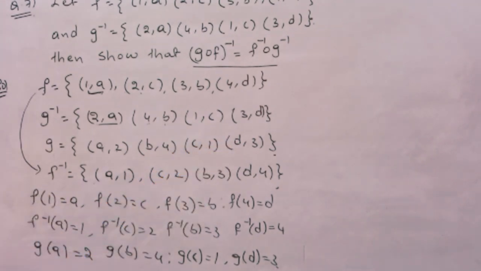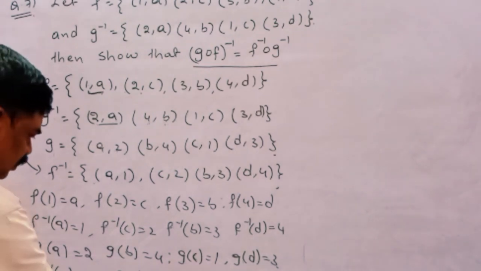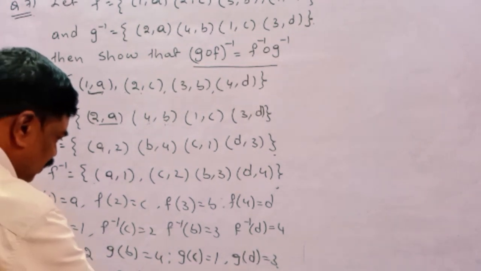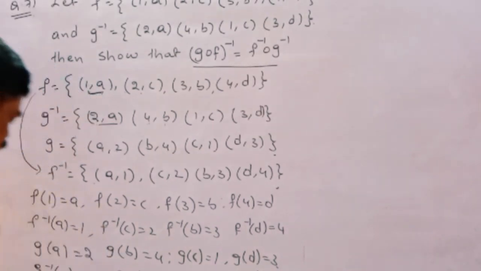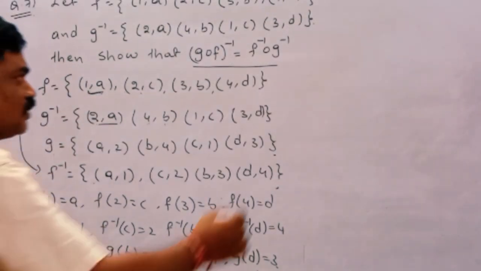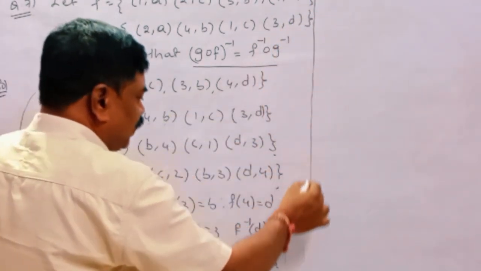And G inverse of 2 is A, G inverse of 4 is B, G inverse of 1 is C and G inverse of 3 is D.